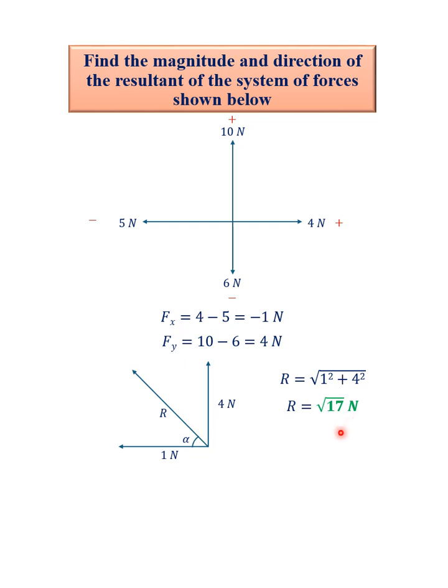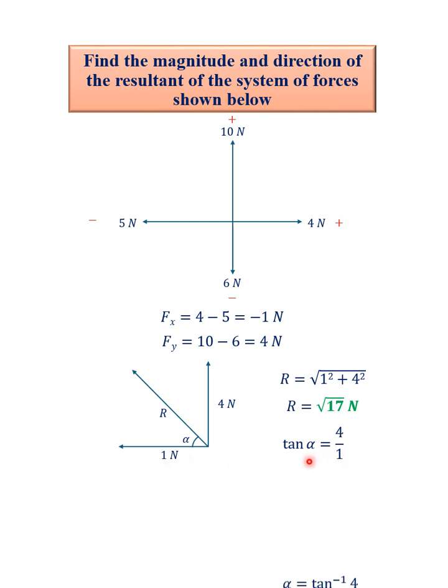Now back to the direction. We have taken the direction to be alpha, which is the angle the resultant makes with the horizontal. Remember, this 4 Newton force can also be said to be here because they are parallel and equal. If it is here, then it is opposite to this angle, and this is the adjacent. So if we say opposite over adjacent, that is tan. So we can say tan alpha is equal to opposite, which is 4, because this 4 can be said to be here, all over adjacent, which is 1.